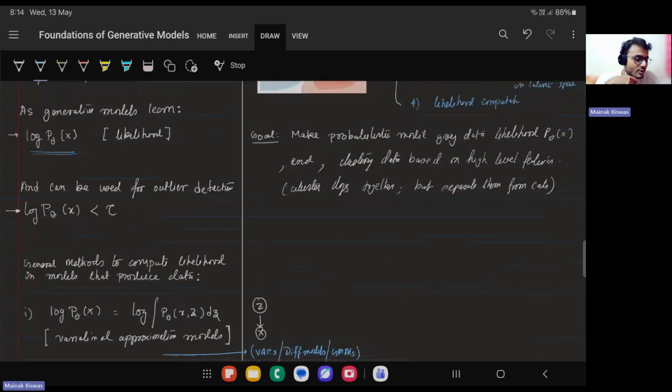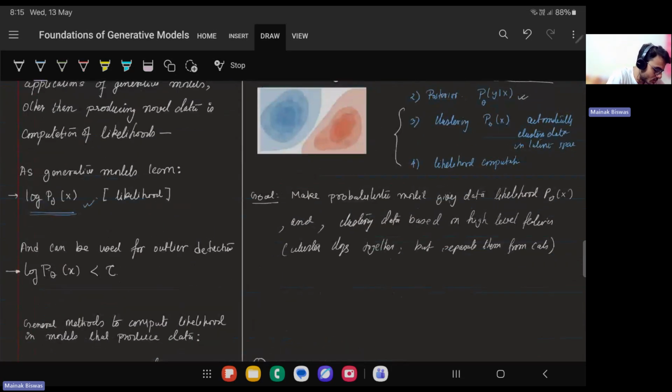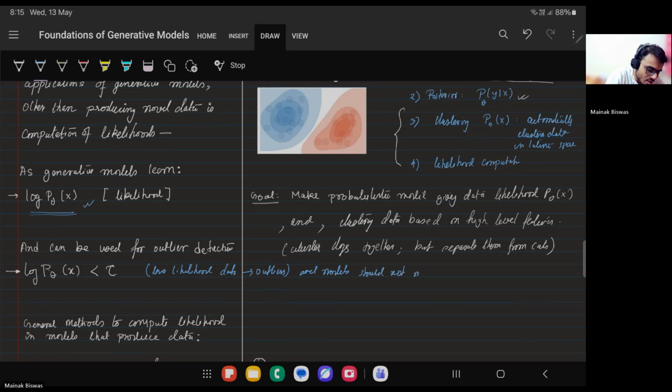It is very important to compute likelihoods, because low-likelihood data are outliers, and models should not make predictions on them, because they are not from the training distribution.